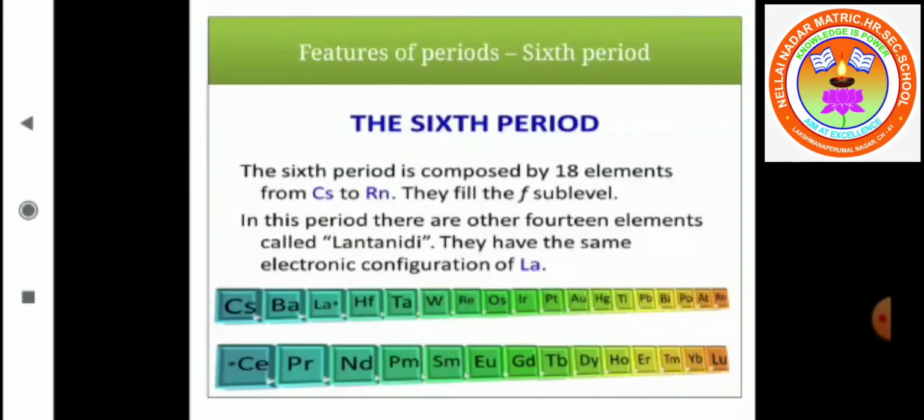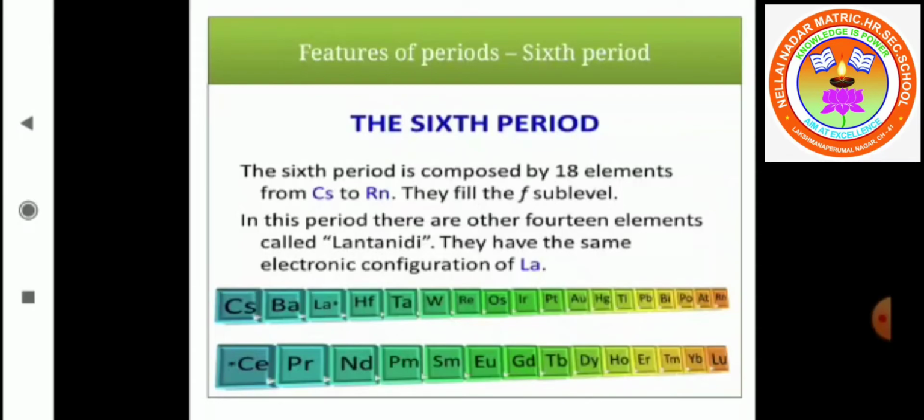Then cerium, praseodymium, neodymium, promethium, samarium, europium, gadolinium, terbium, dysprosium, holmium, erbium, thulium, ytterbium and lutetium.